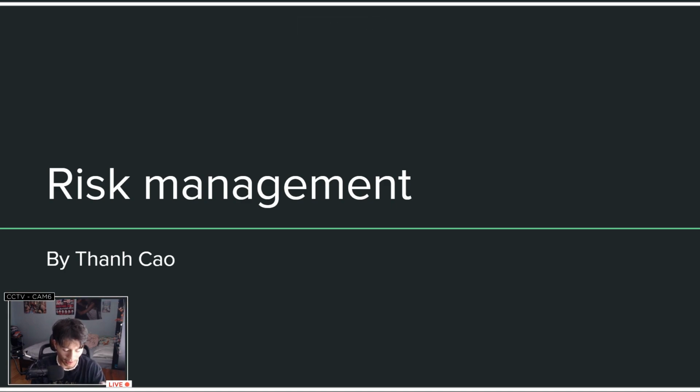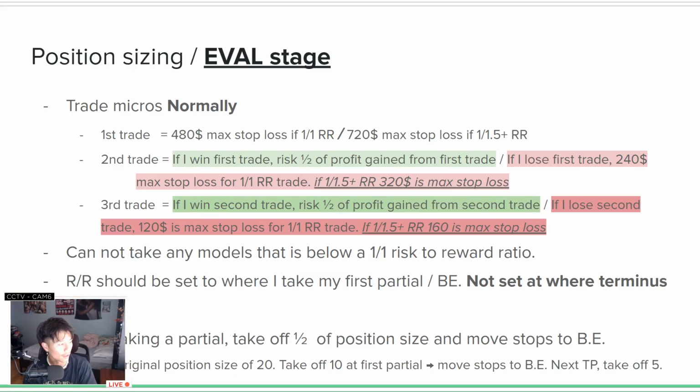One is going to be my normal position size, and the other will be for de-risk and just normal position sizing. So keep in mind, this is my position sizing for an eval stage of a prop firm.